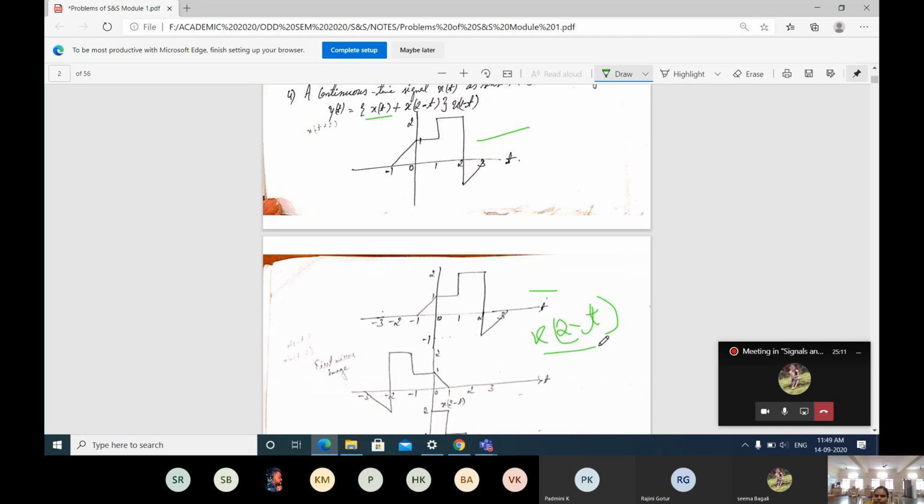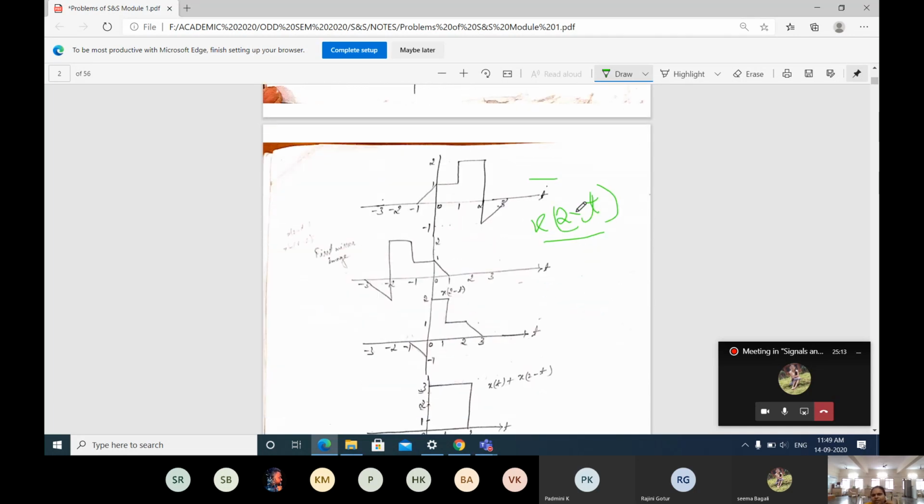Observe here, which one are you going to follow? It has both. Observe, minus t is there. But normally it would be x of t plus or minus some t naught value. But here it is 2 minus t.